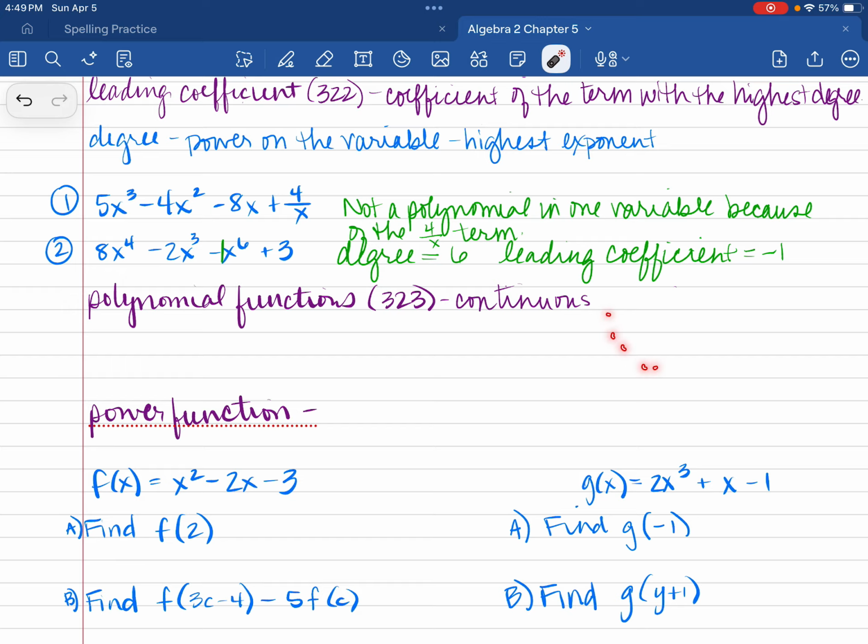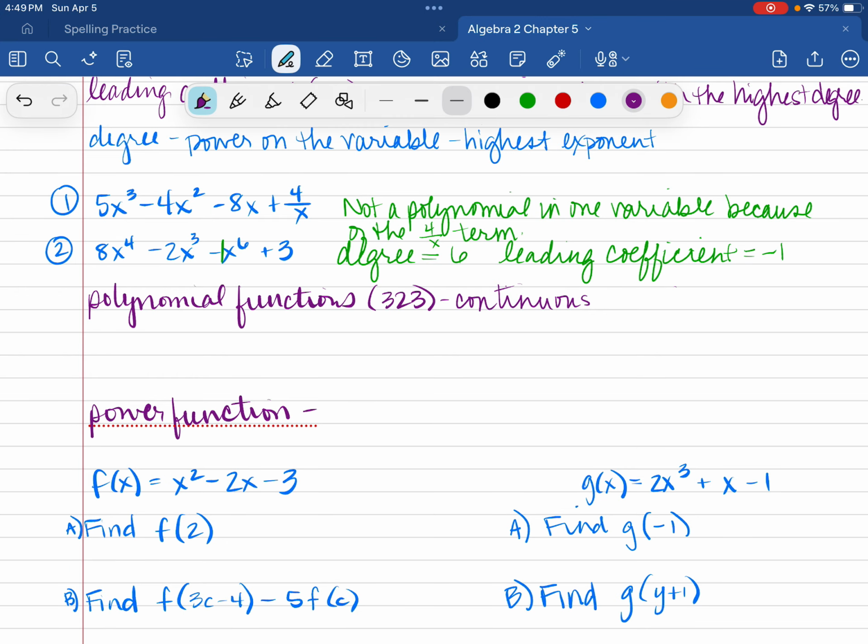It's not like a bunch of dots or something. But this is a continuous function that can be described by a polynomial equation. And we are dealing with just polynomials in one variable.